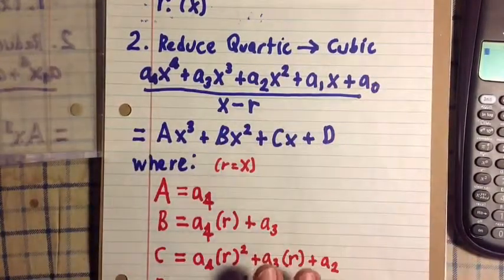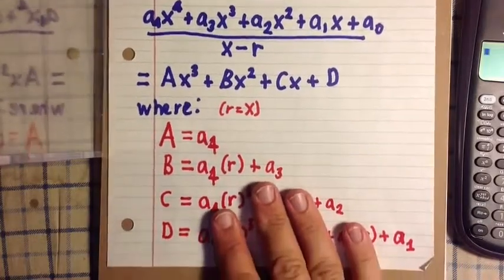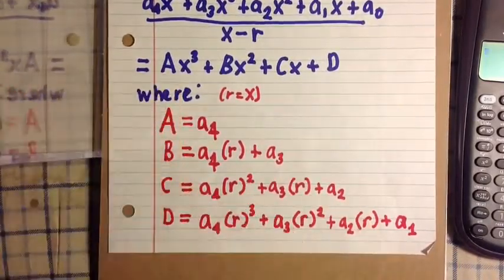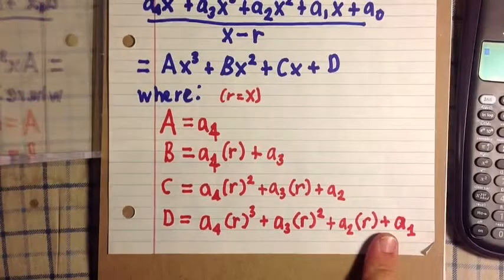So by synthetic division we get this general form where capital A is equal to A4, capital B is equal to A4 times R plus A3, capital C is equal to A4 times R squared plus A3 times R plus A2, and capital D is equal to A4 times R cubed plus A3 times R squared plus A2 times R plus A1.